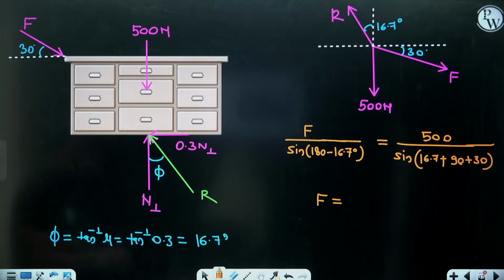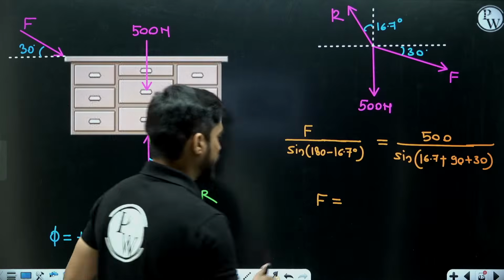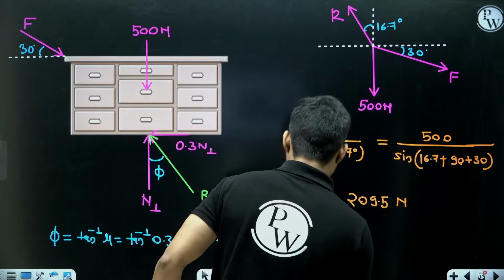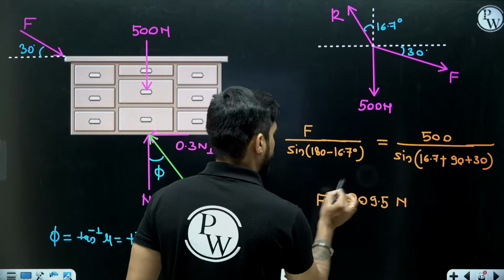Tell me what value of F you are getting. F is 500 sine of 180 minus 16.7 divided by sine of 90 plus 16.7 plus 30. I am getting 209.5 Newton.